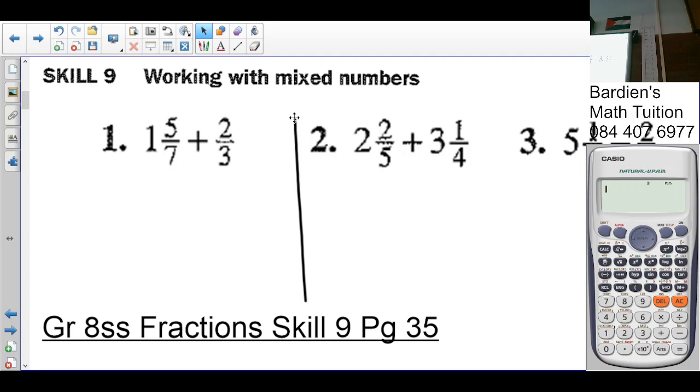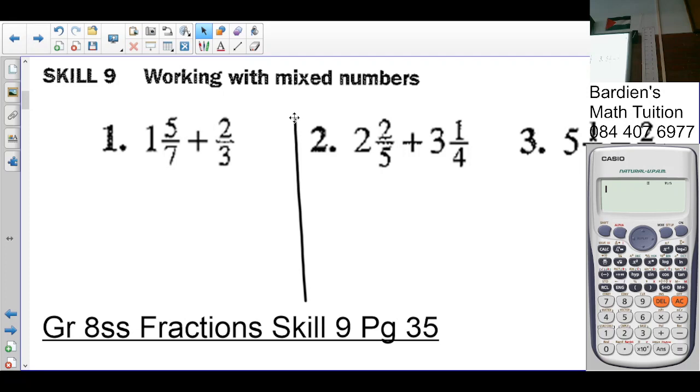So you will always see me, and that's the method I use, change mixed fractions to improper fractions. Because I always leave the answer in improper form anyway. But like I say, you decide. If you feel like working with the whole number in front of the fraction, there's no problem with it.